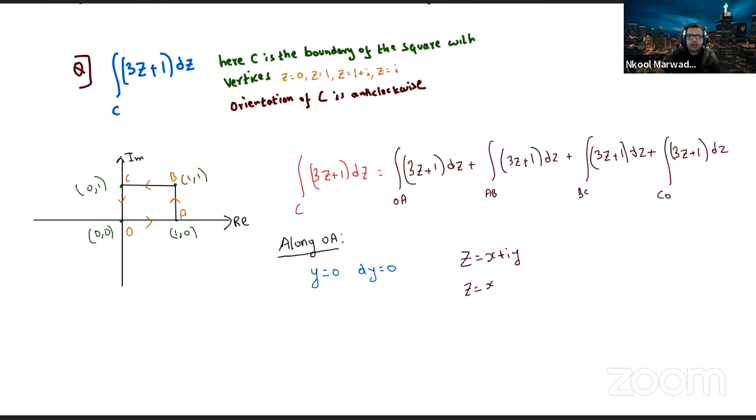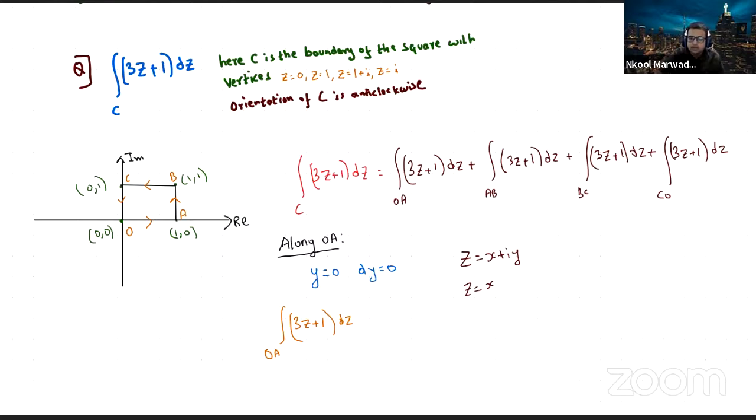Now, what integration we have to do? Now we have to integrate along OA, 3z plus 1 dz. Now this z will be x itself.